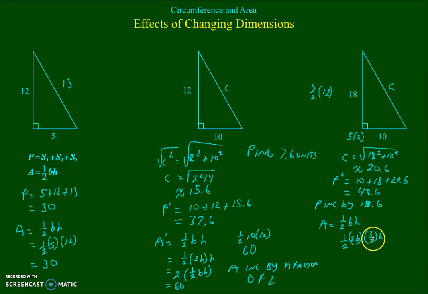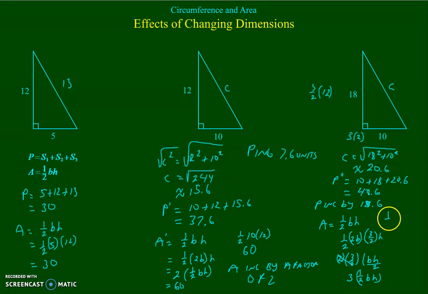If we pull out the 2 and the 3/2, we get 2 times 3/2 times base times height divided by 2. So we multiply these together. 2 divided by 2 goes away. So the result should be 3 times 1/2 base times height. So we should say our area increased by a factor of 3.